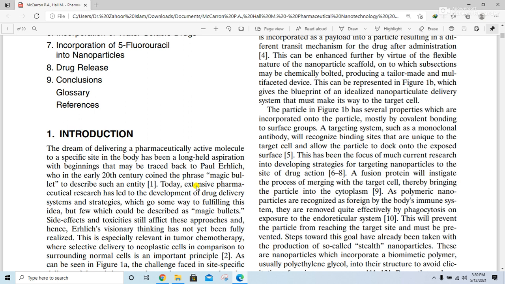As we know, there are different drug delivery systems. One of the most prominent questions is how to deliver a drug to the target site.